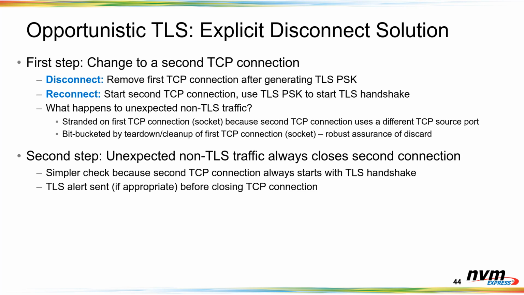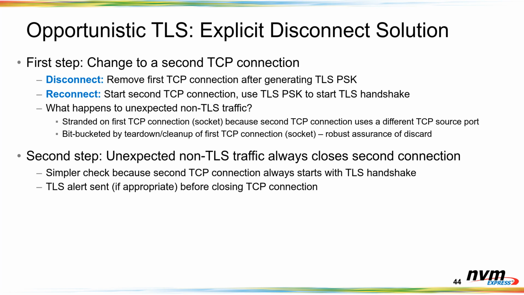So if traffic is sent during the TLS handshake, the second connection is going to close immediately because it's running strictly at the TLS layer, and that unexpected traffic is treated as bad traffic, and the TLS specifications have robust mechanisms for closing down connections when traffic shows up that shouldn't. So the upshot is we're going to start a first TCP connection and generate a TLS PSK.